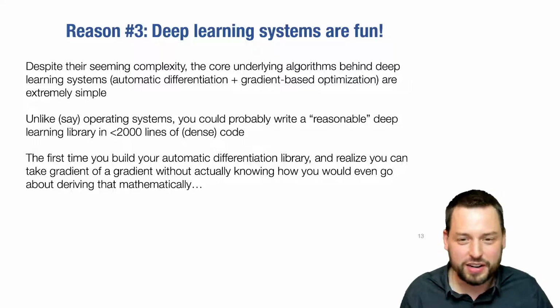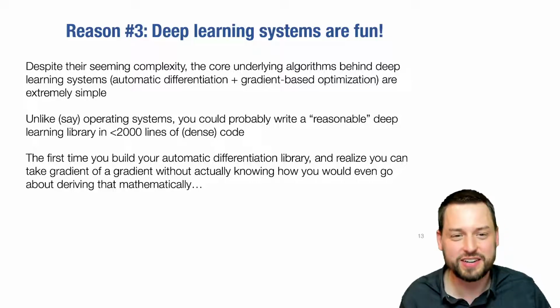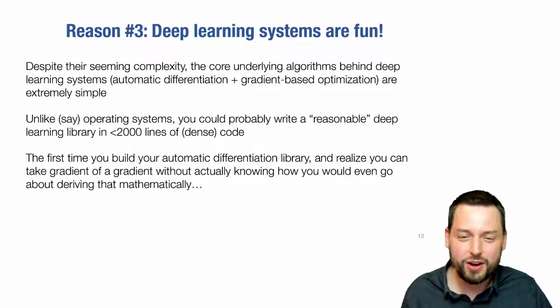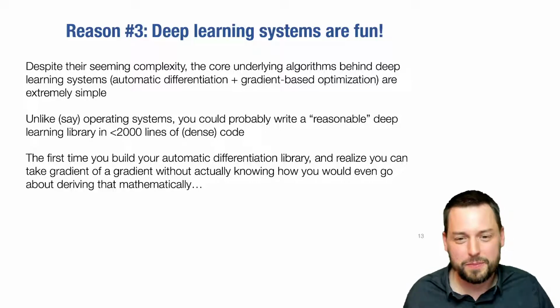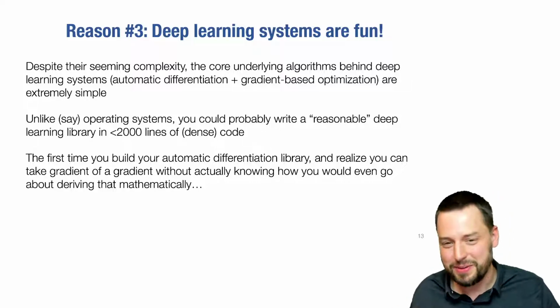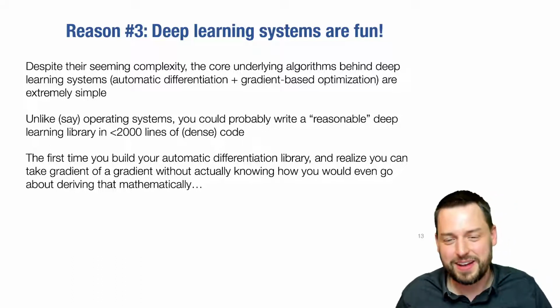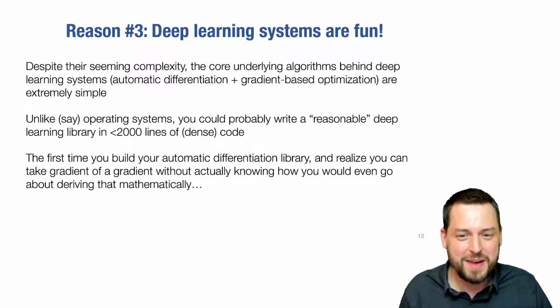Something that will run on a GPU, that will do automatic differentiation, that will have operations like convolutions and convolutional networks, recurrent networks, transformers, all this kind of thing. You can do it in almost no code because the actual ideas underlying these systems are simple. And they're also, and I say this a little bit tongue-in-cheek, kind of magical.